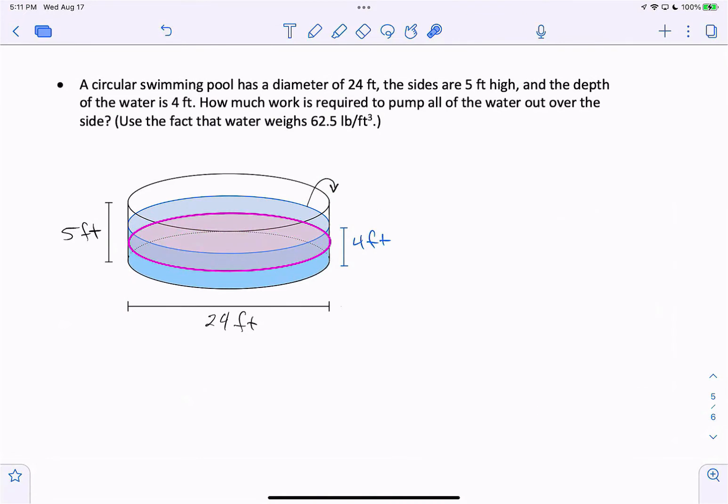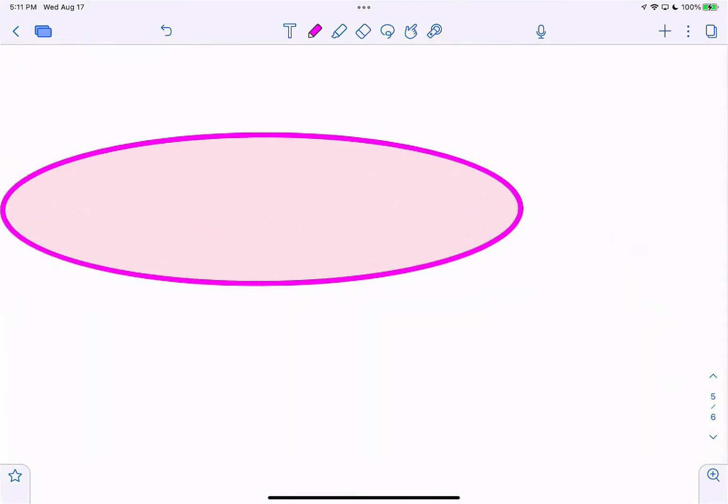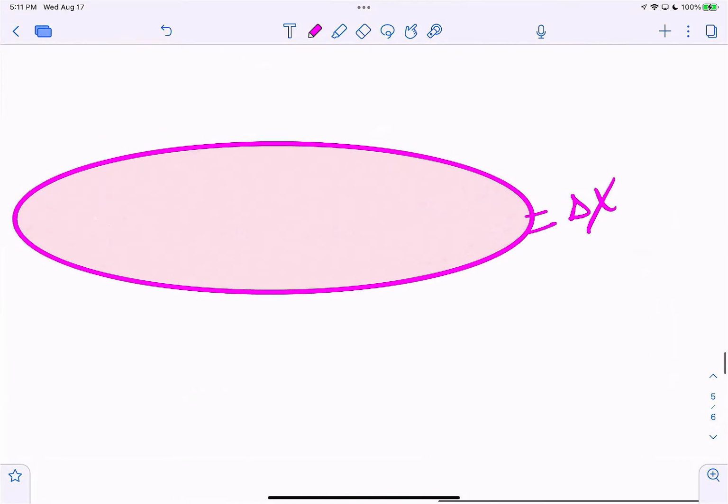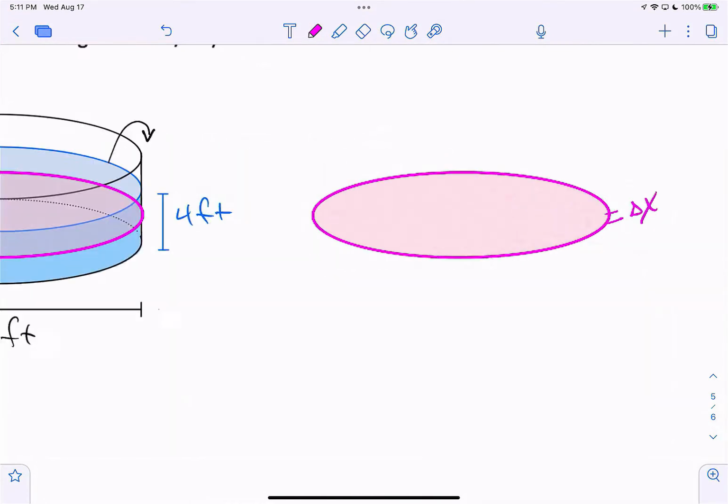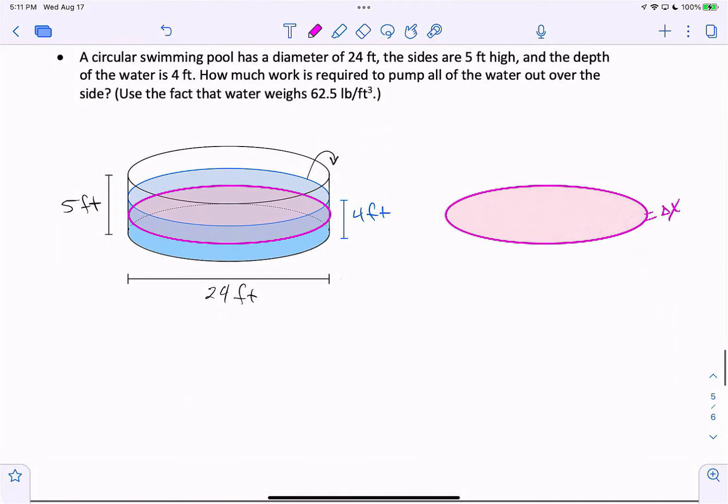So let's say we're considering this pink layer of water somewhere within the water. This pink layer has a depth. Let's say it's got an incremental depth that's delta x. We could do this in terms of y, but x is, I think, more comfortable. And this layer of water has an area.